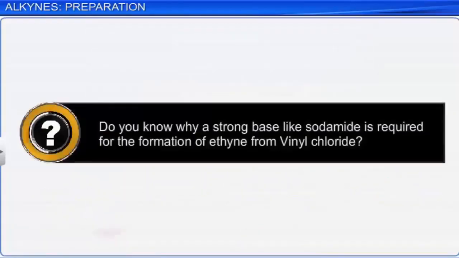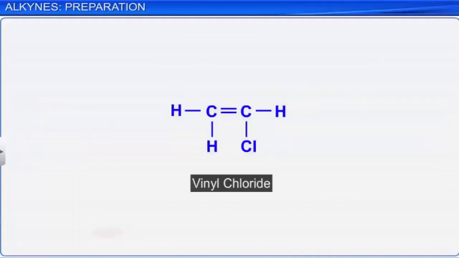Do you know why a strong base like sodamide is required for the formation of ethyne from vinyl chloride? As the chlorine atom is directly attached to double-bonded carbon atom in vinyl chloride, it is made highly unreactive.